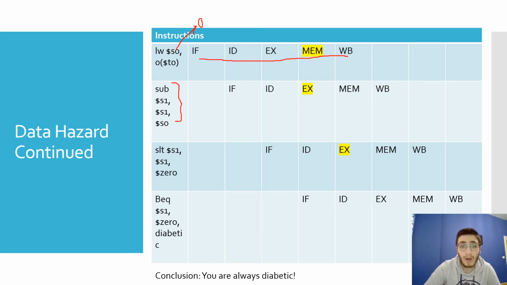So $S1 minus $S0 would actually be $S1. Comparing $S1 to 0, that would be a positive number because our blood glucose level cannot go negative, and comparing that with 0, it will always be greater than 0. So for this code, we will always be diabetic.